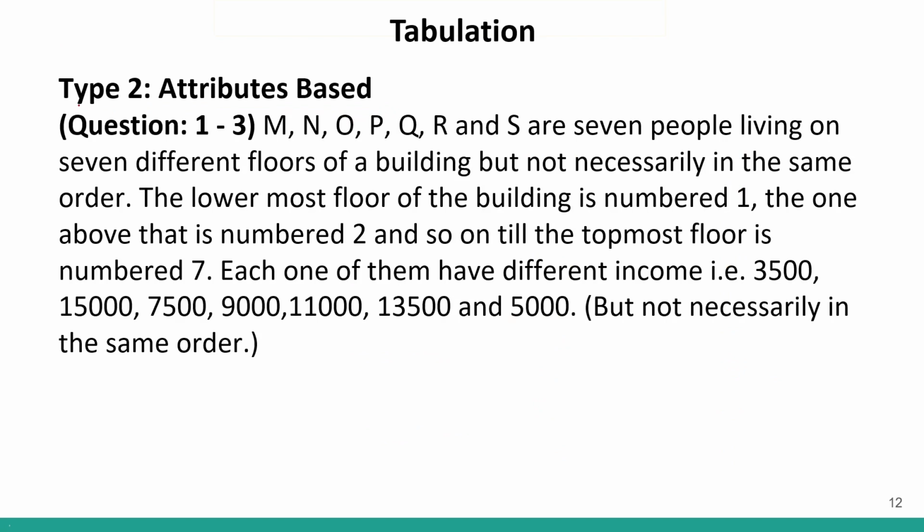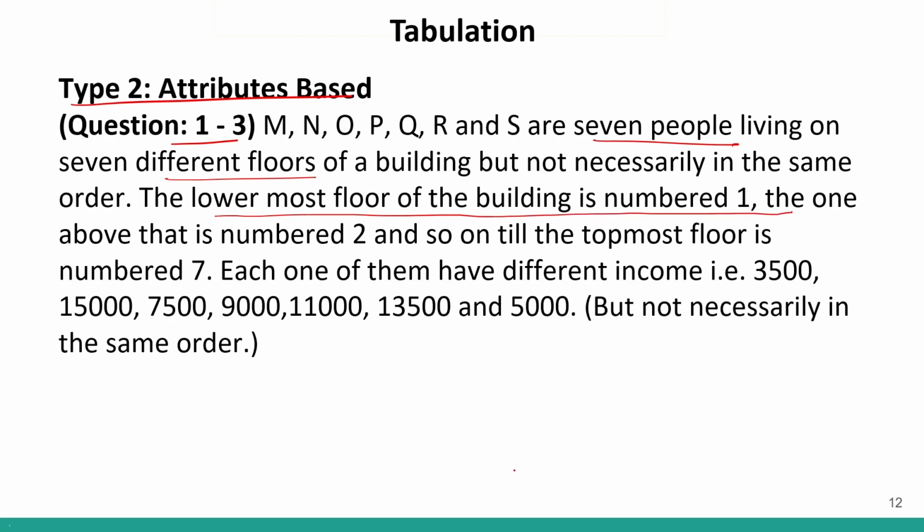Next we have type 2, attributes based. The data says this data is for question 1, 2, 3. The data says M, N, O, P, Q, R and S. There are 7 people that live on 7 different floors, not necessarily in the same order. The lowermost floor of the building is numbered 1.